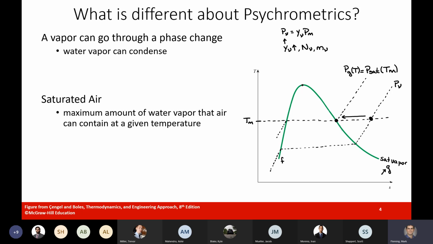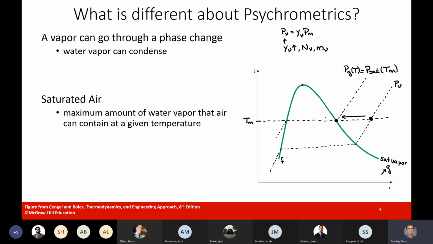We really don't want to get into the two-phase mixture, because if we start to go further to the left, that's where we're going to start having water come out, because we have a two-phase mixture here, which meant we have some water in liquid form, some water in vapor form. Once we get inside the vapor dome, that's where condensation will begin.